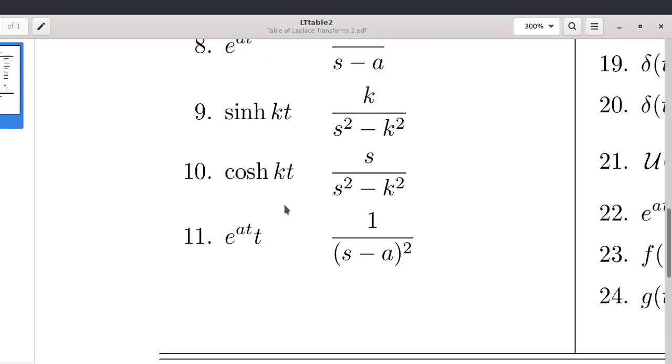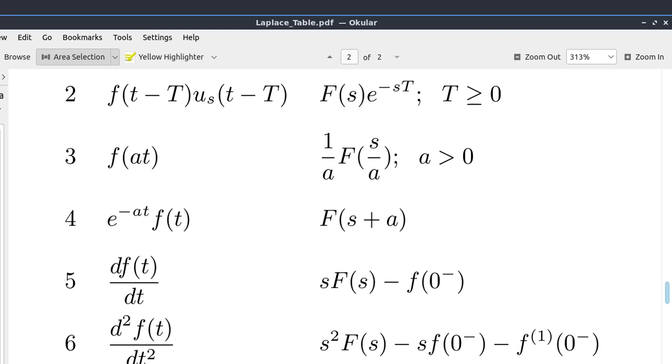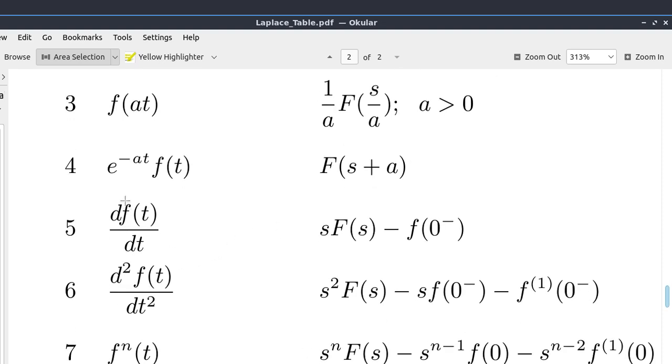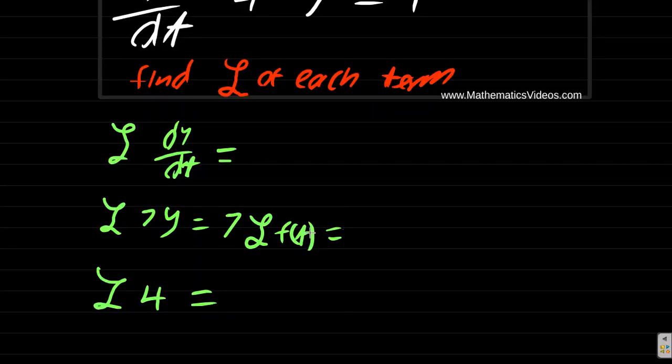So we need the Laplace transform of the derivative. The Laplace transform of the first derivative is s, big F of s minus f of 0. So it is s F of s minus small f of 0.